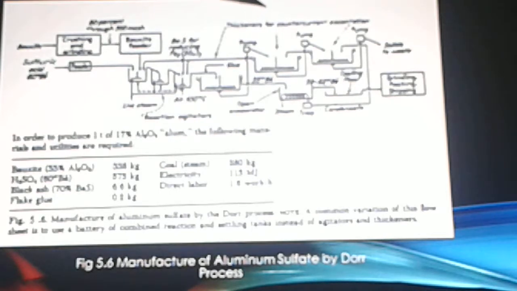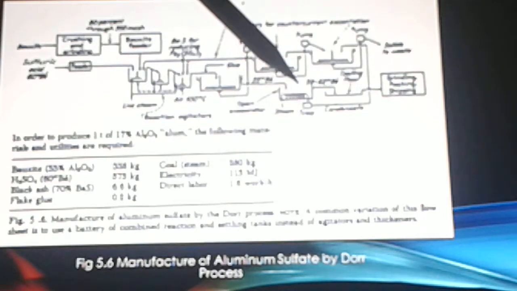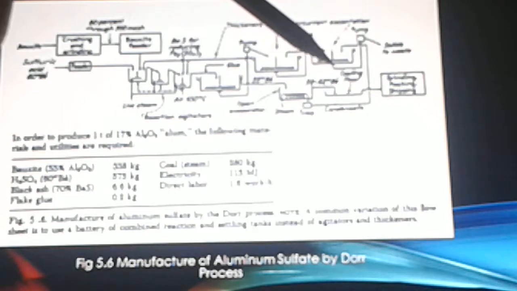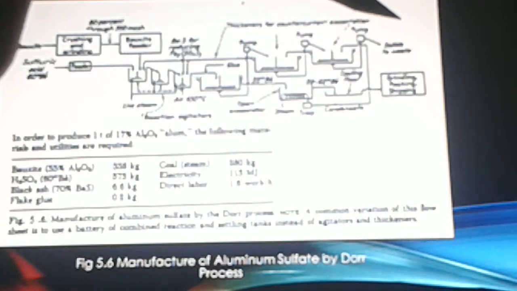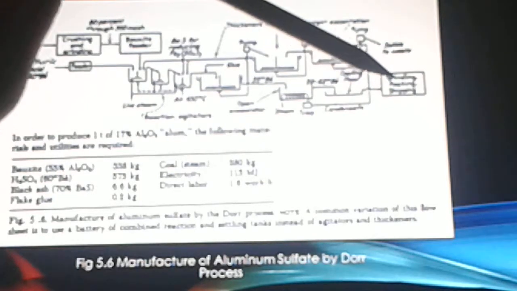The clarified aluminum sulfate solution is concentrated in an open steam coil heated evaporator from 35 to 59 to 62 Baume. Then it is poured into the flat cooling floor where it is cooled and solidified. The solid cake is broken and ground to size for shipping, grinding, and packing.